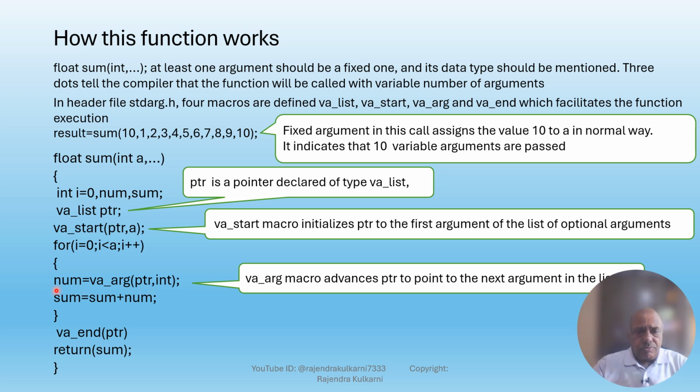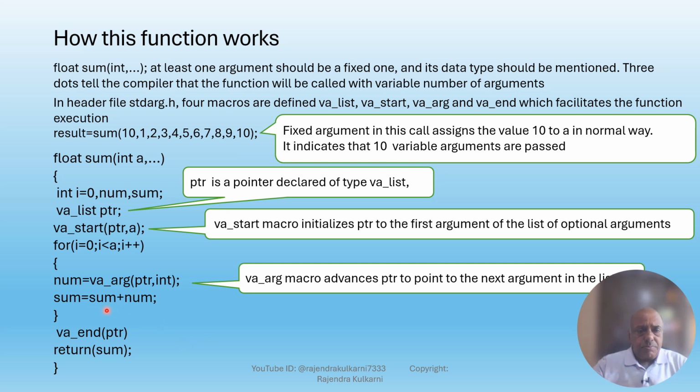So in the first iteration, when i is 0 and the loop starts iterating, ptr will now be pointing to 2, and in the subsequent iterations it will advance from 2, 3, 4 to 10.